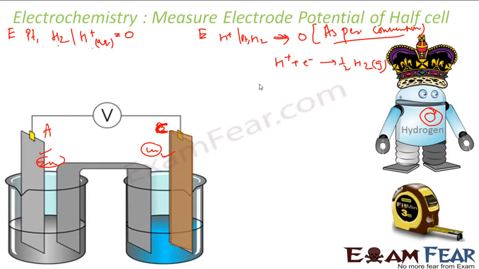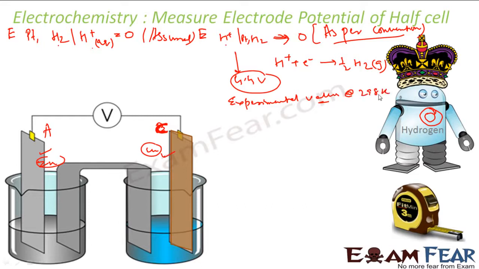And please note here that this value is assumed. These are all assumed values. The estimated value is almost 4.4 volt from H plus to H2. That is the actual value, that is the experimental value, at STP, at 298 Kelvin, this is the absolute value.